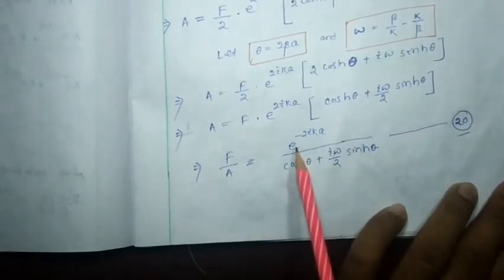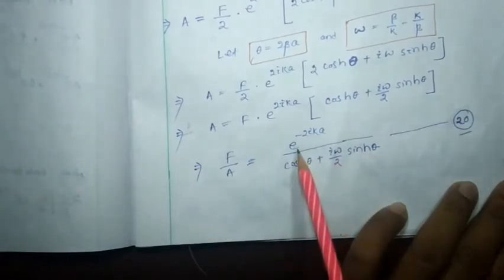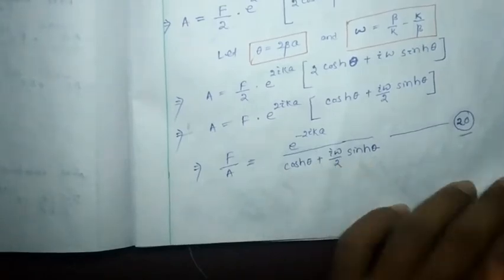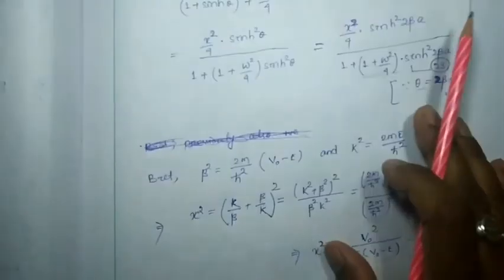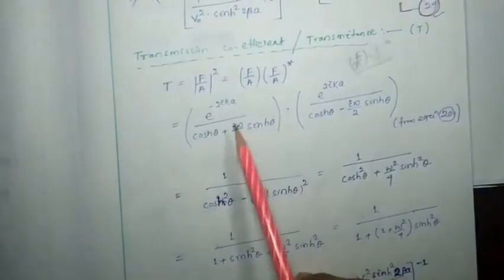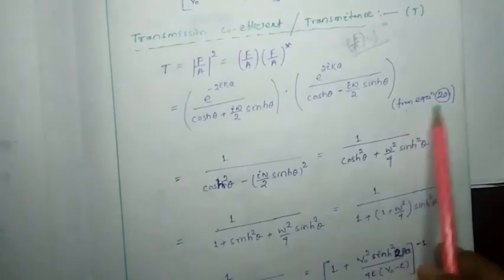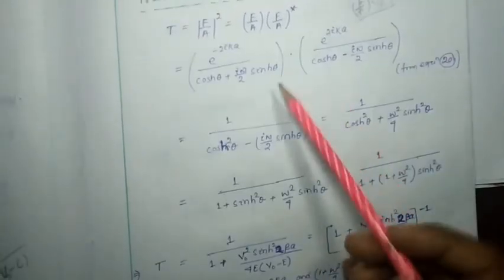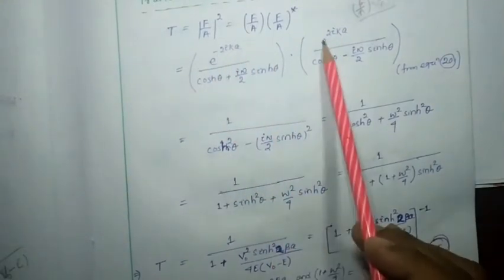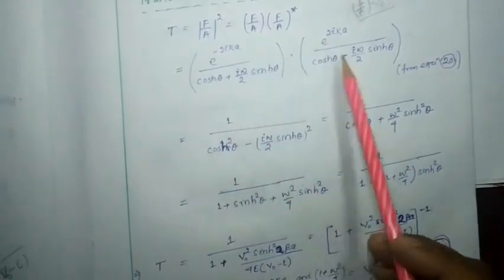You just check: e to the power minus 2ik by cosh theta plus i omega by 2 sinh theta, and its complex conjugate will be e to the power 2ik divided by cosh theta minus i omega by 2 sinh theta. That we are going to multiply, and check how much we get. The e to the power minus x and e to the power plus x terms give e to the power 0, which is 1, divided by the a plus b, a minus b form.